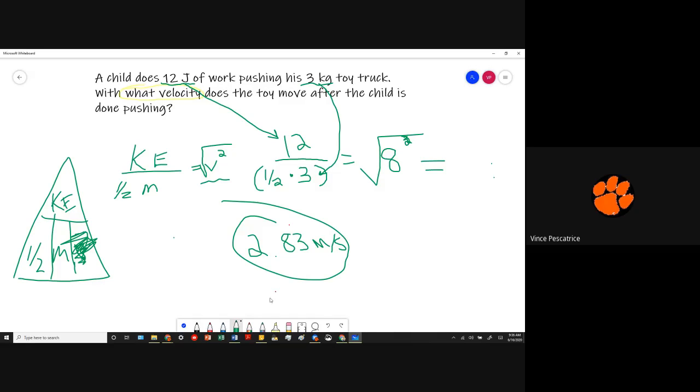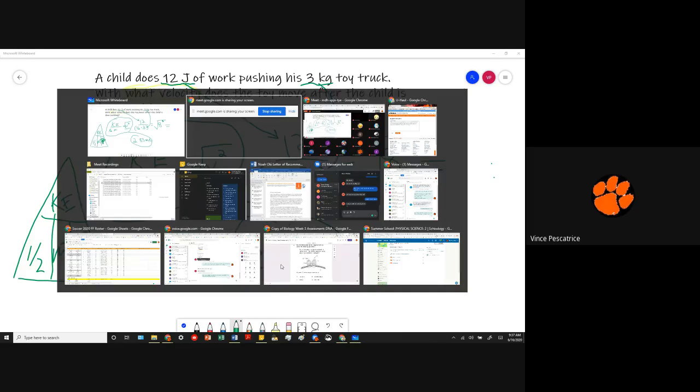All right, so when you put this in your Google Doc, you could take a screenshot of your paper. You could take a photo of where you did your work. You could write out this equation in your equation editor, and then you can put in your answer. Let me show you that real quick.